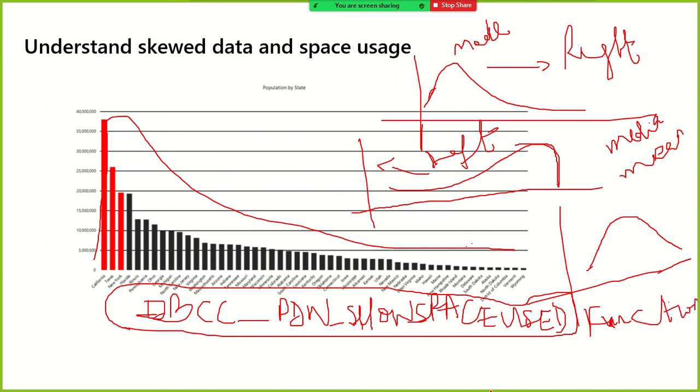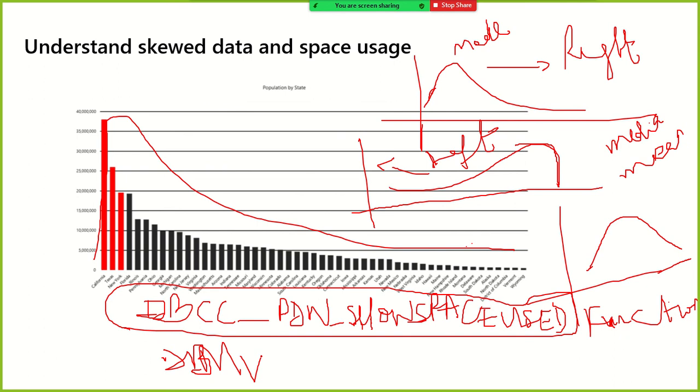It's also helpful to know the number of rows and storage space being used for indexing, for which we have several dynamic management views to retrieve our information. So skewed data and space usage in relation to optimization of data warehouse storage is what this slide is all about.